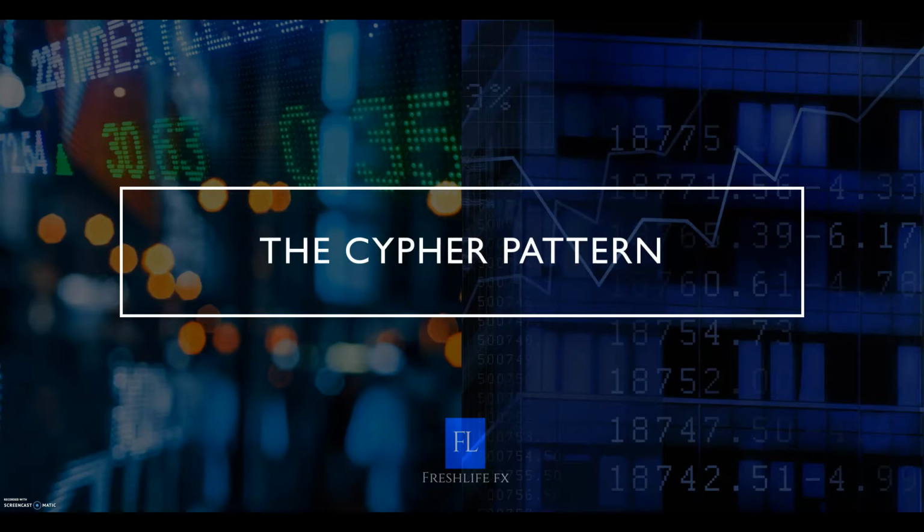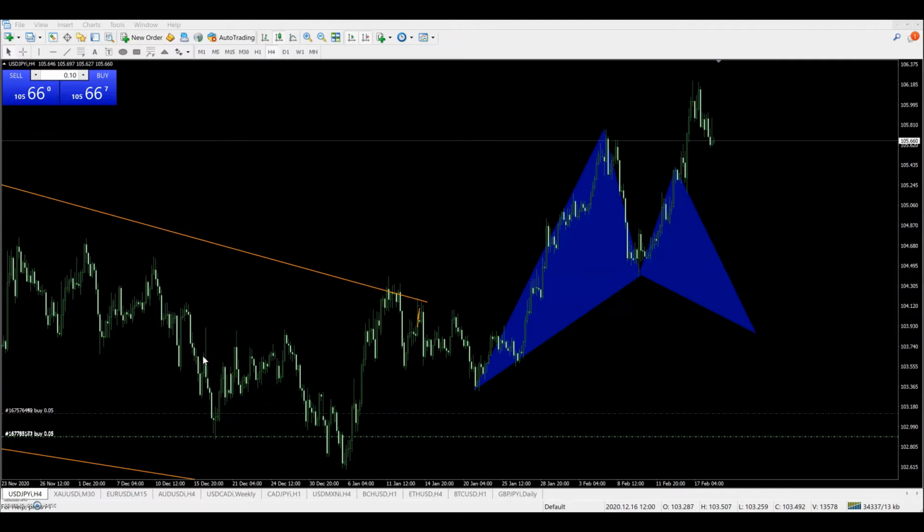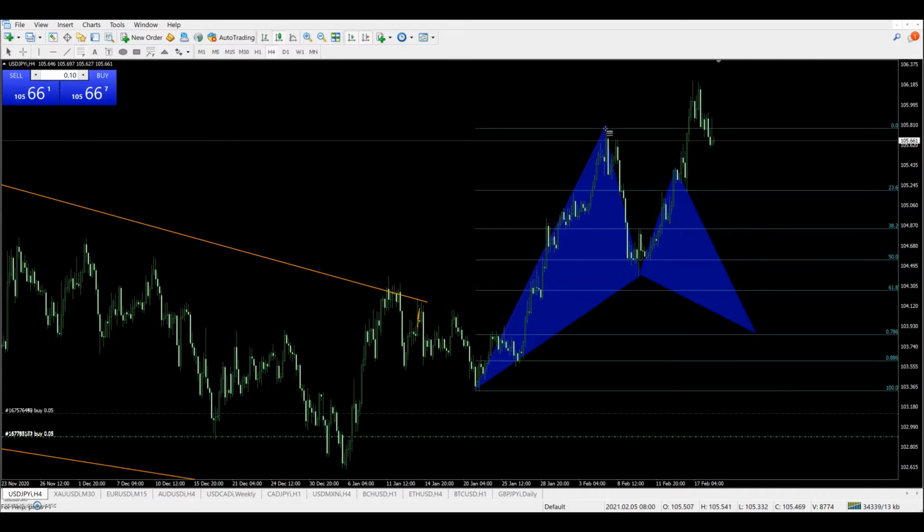The Cypher Pattern. So what we have here is our example of a pattern changing. With it being at that 50% level, it would be assumed that it would be a bad pattern.